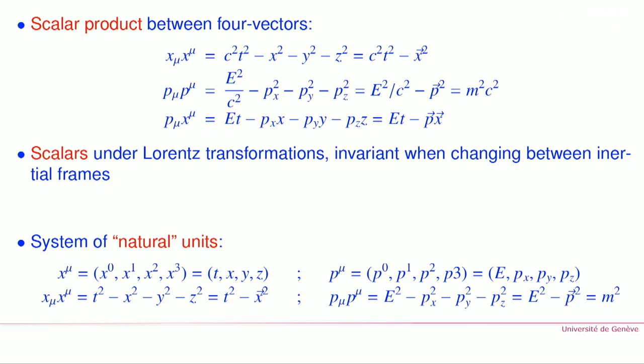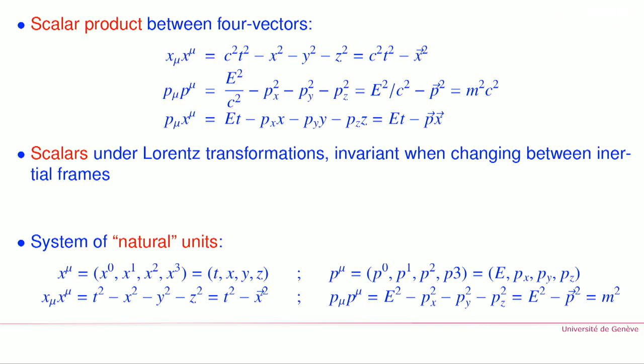When the same Greek index shows up in the two, implicit summation over this index, which runs from 0 to 3, is assumed. The first example here represents the norm squared of the space-time four-vector. The second example shows the norm of the energy-momentum four-vector, which is the square of the invariant mass.